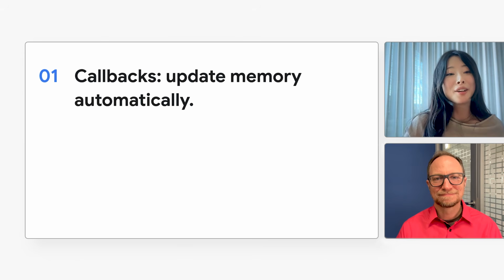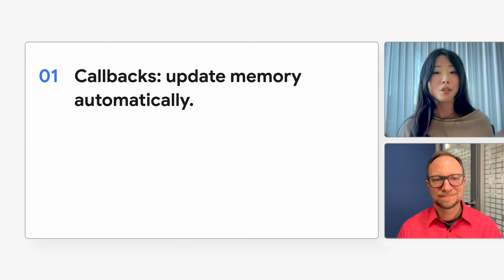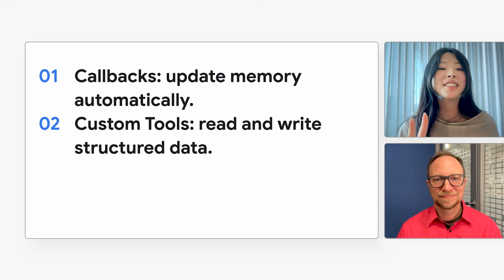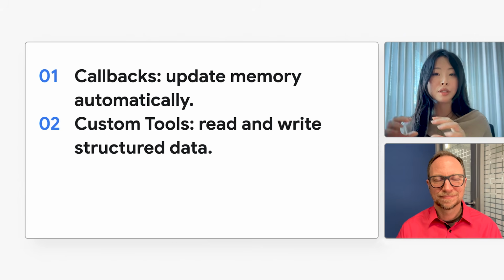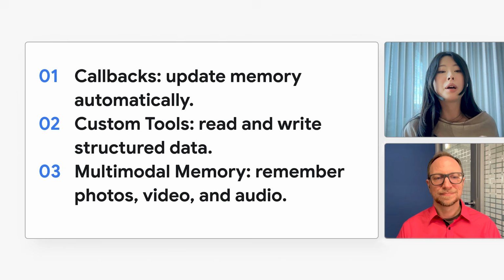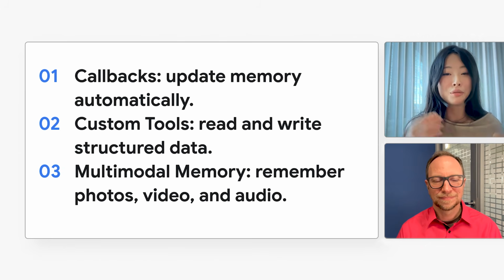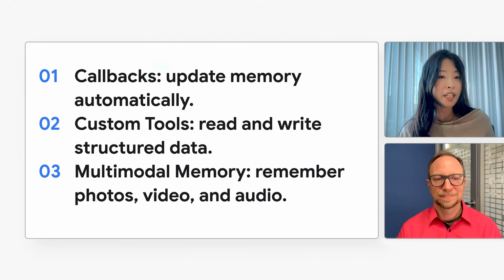Could you give us a quick recap, please? Sure, Martin. So firstly, we talk about how to use callbacks to update memory automatically without adding complexity to the agent. And secondly, we talk about how to use custom tools to read and write structured data like user profiles. And lastly, we talk about how to use multimodal memory to remember photos, videos, audios with Vertex AI Agent Engine Memory Bank. That's a great list.